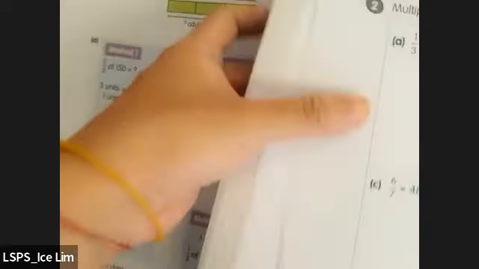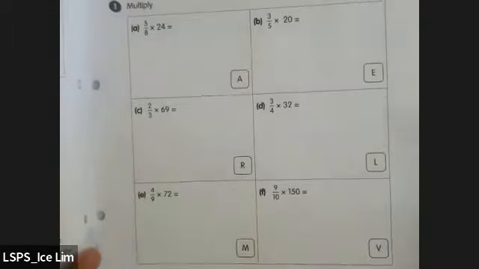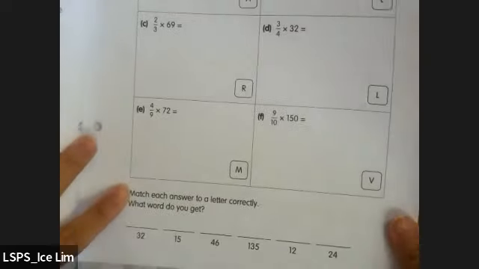Let's say, for example, I look at this one here. This is page 73. I'm looking at F now.